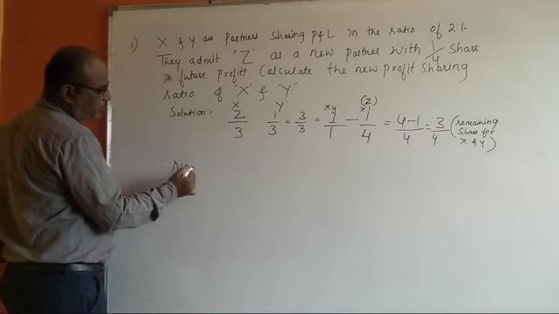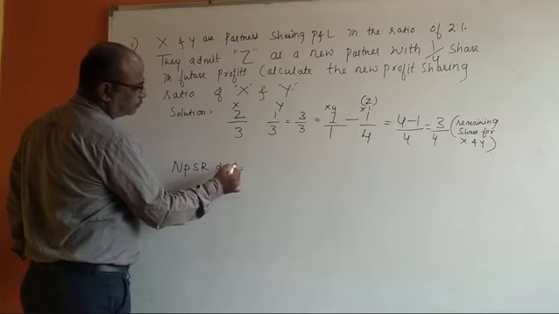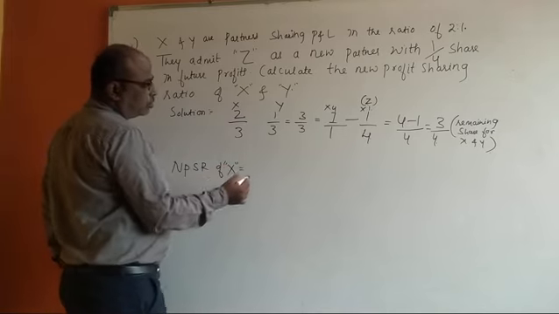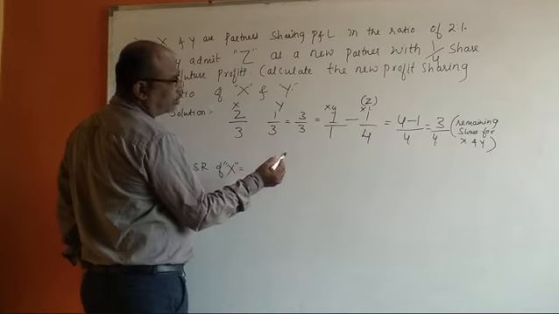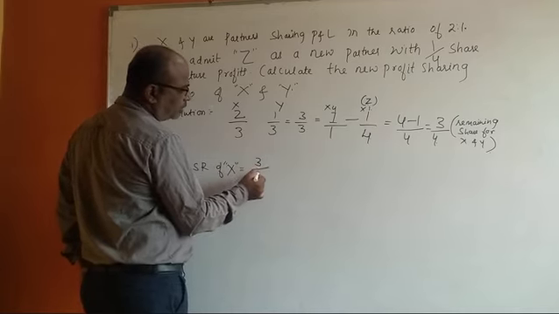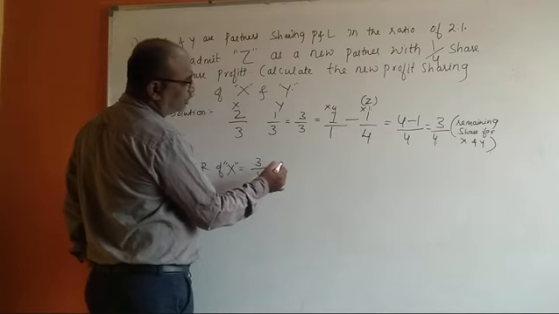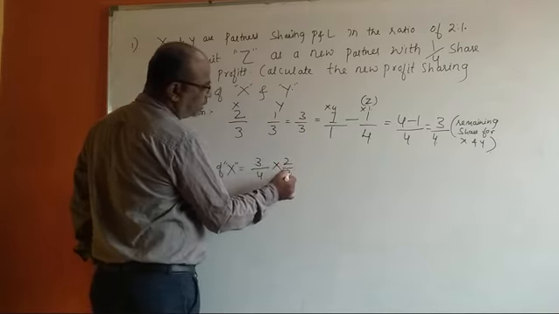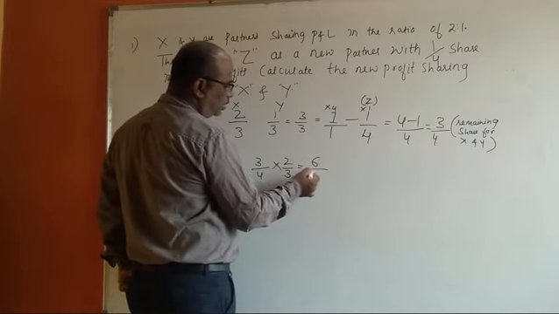So now let us calculate the new profit sharing ratio. New profit sharing ratio of X. So X old ratio was how much? 2/3. Now remaining share is how much for them? 3/4. Out of this 3/4, he will share the profits in his old ratio, that is 2:3. So 3 2s are 6, 4 3s are 12.